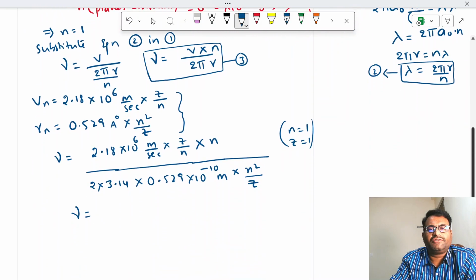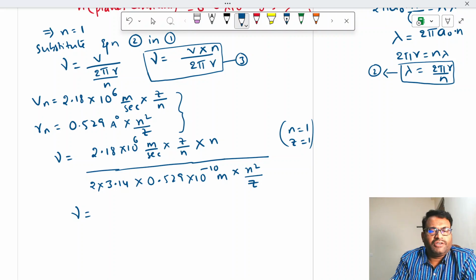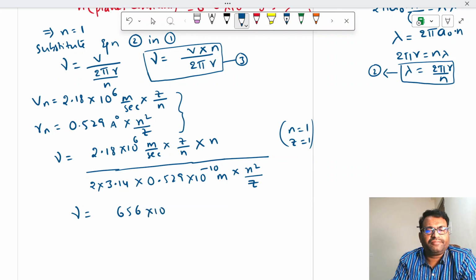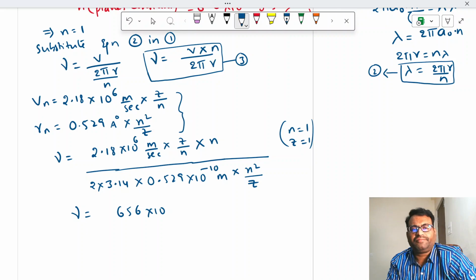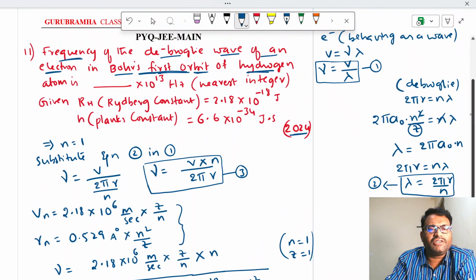Then what do you get? On substituting this, we get 656 into 10 power 13. So in the question, what is asked?